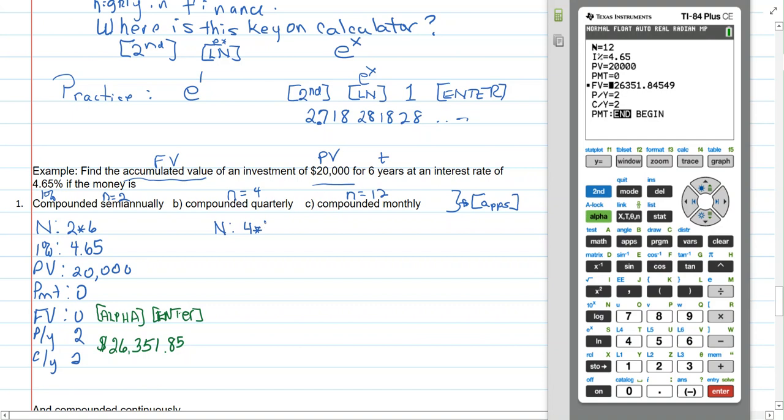4 times 6, the I% is still 4.65. The present value is still 20,000. My PMT and my FV are zeros, and P/Y and C/Y are 4. I'm going to do an alpha enter right there on future value. Here we go.